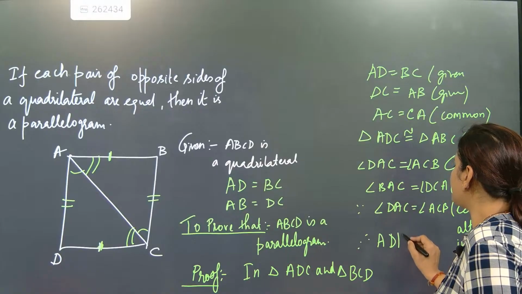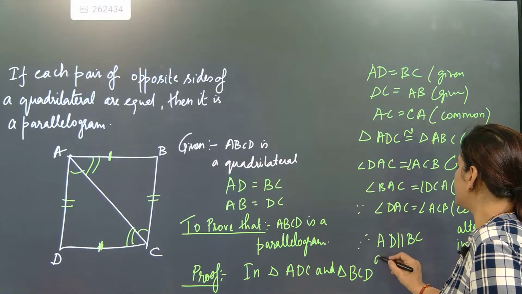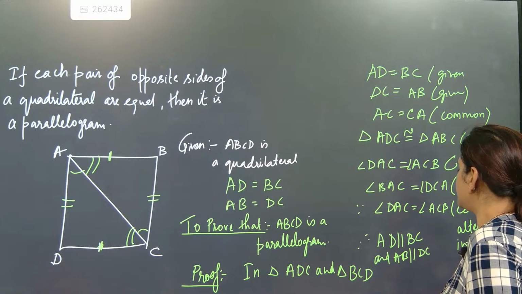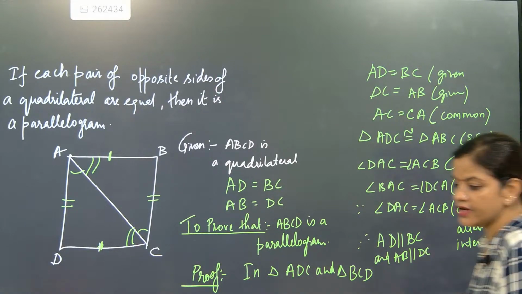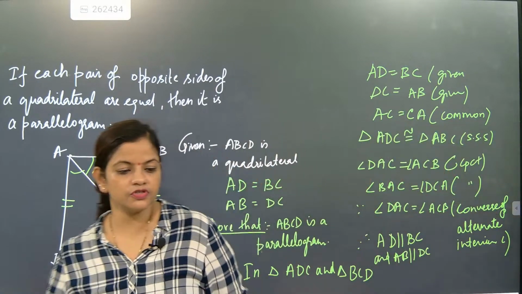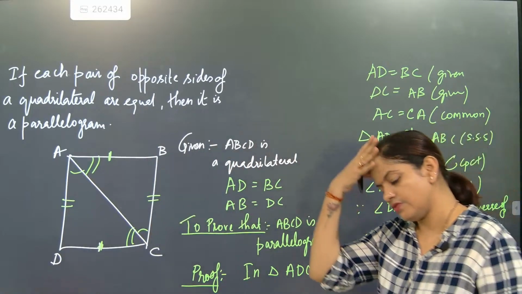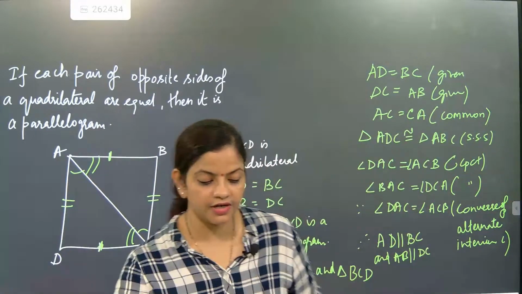AD is parallel to BC and AB is parallel to DC. This is exactly by the converse of alternate interior angle.